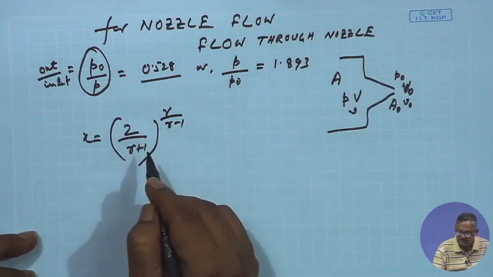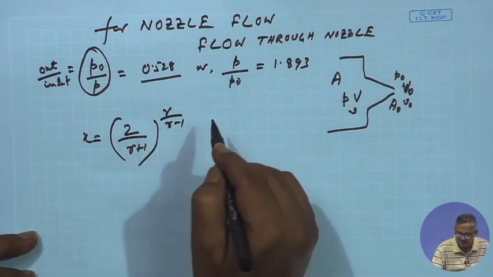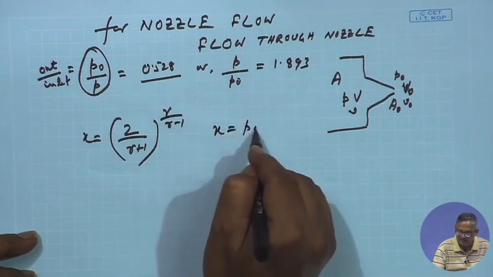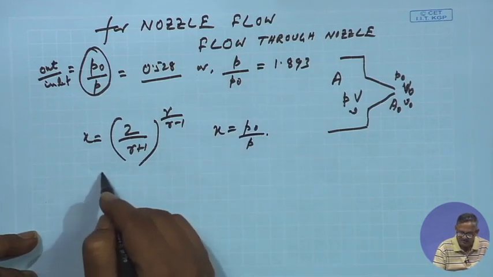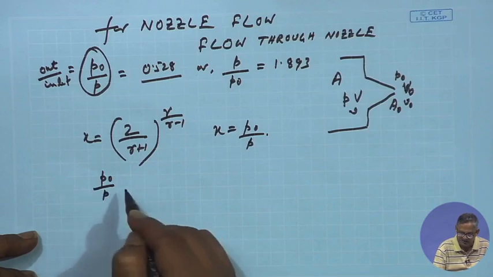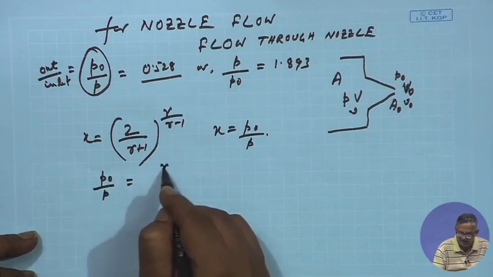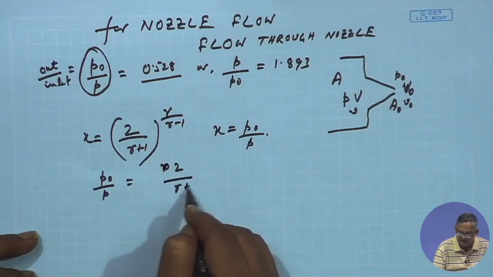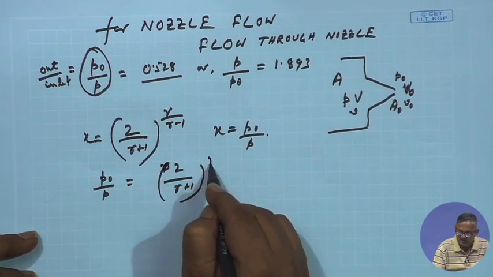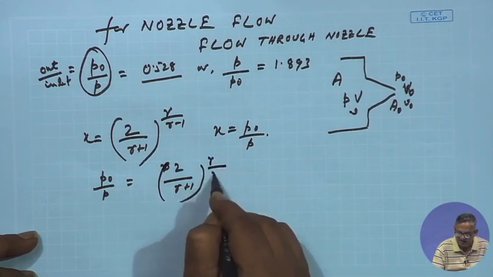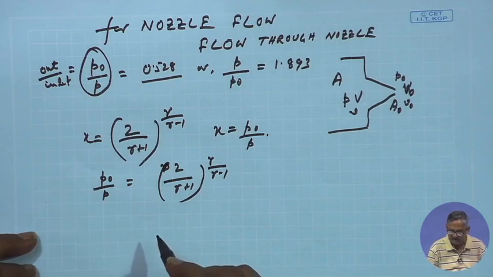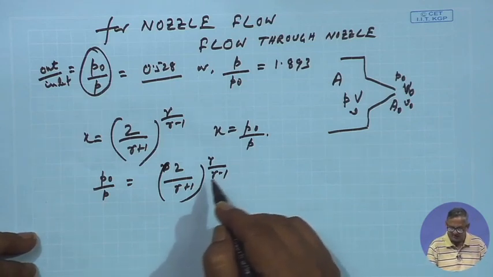So we said that x was equal to P0 by P. So P0 by P was equal to 2 by gamma plus 1 to the power gamma by gamma minus 1, right? Now this was so.